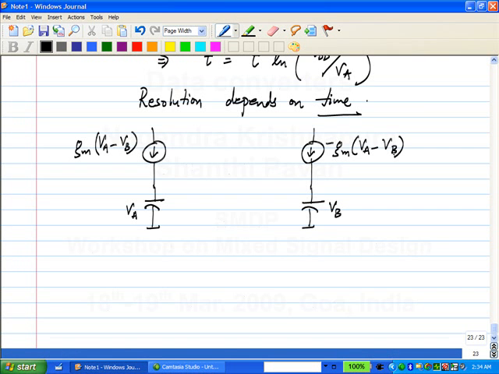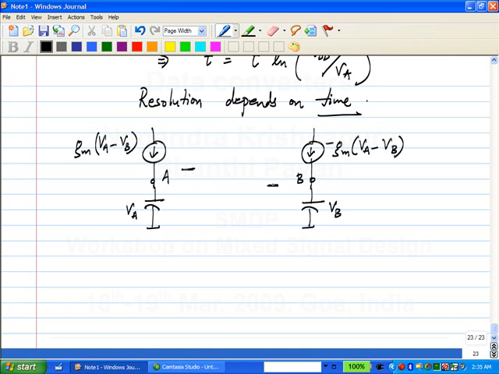Correct? So now what happens if VA is greater than VB? So this is node, let me call this A and this B. If initially the voltage across the capacitor on the left is larger than the voltage across the capacitor on the right, once I start off the system, what will happen? When originally, let's say this was VA and this was VB, what will happen? Yes, madam?